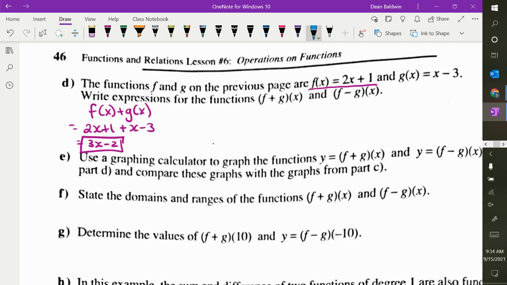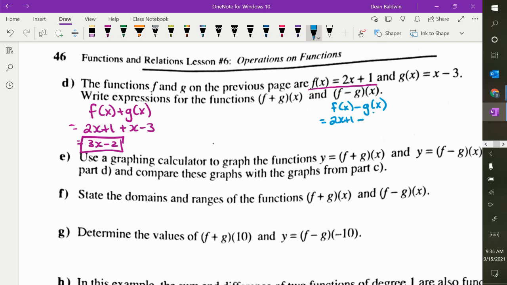If you're doing subtraction, there's one subtle trick in the subtraction one. Okay? So this means f of x minus g of x. The only thing you have to remember when you're doing this is that you're going to go 2x plus 1 minus the whole function.